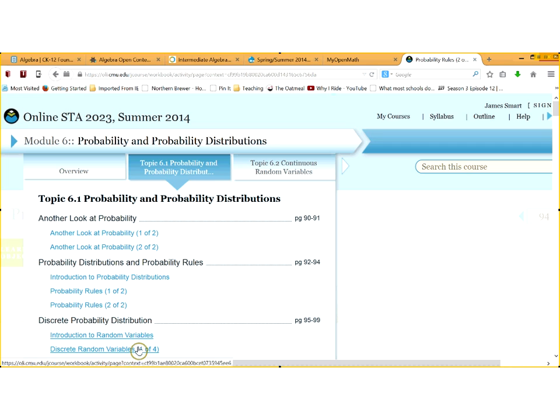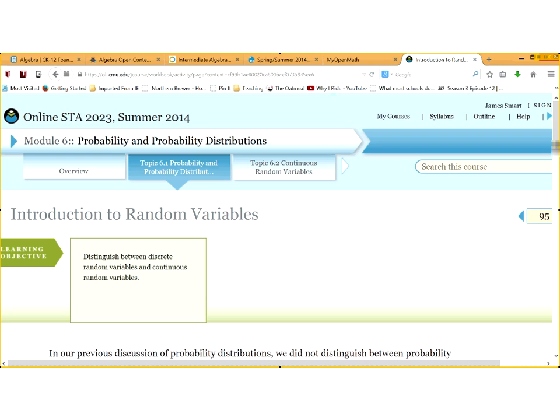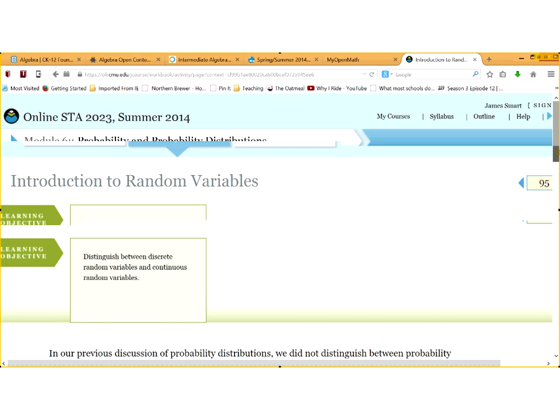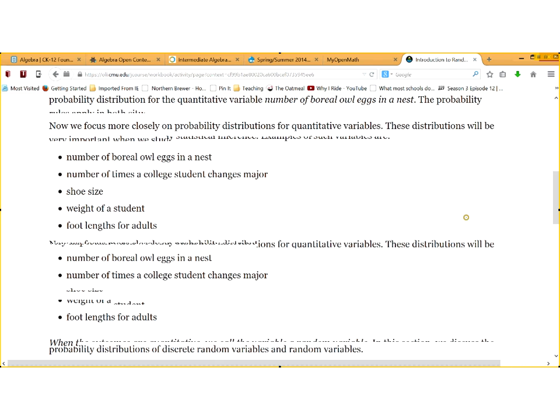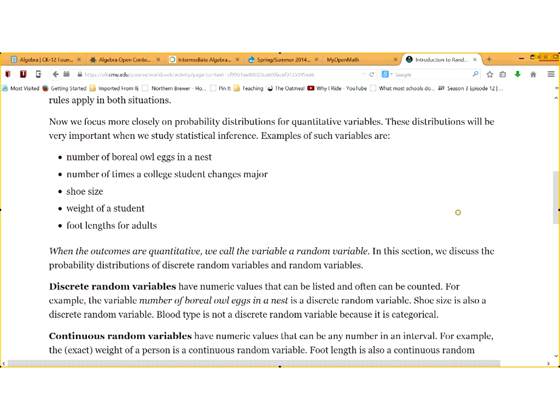So basically, what a random variable is, let's start here, is it's just a variable. We use a letter usually, most commonly X, where it's quantitative and it's the result of some sort of random situation. So here's some different examples: number of boreal owl eggs in a nest, number of times a college student changes majors, shoe size, weight of a student, foot lengths for adults.